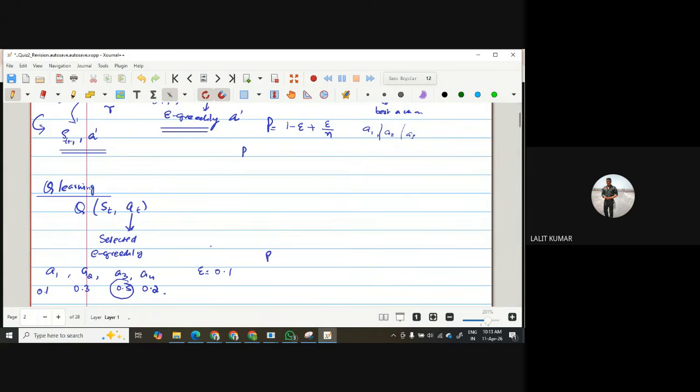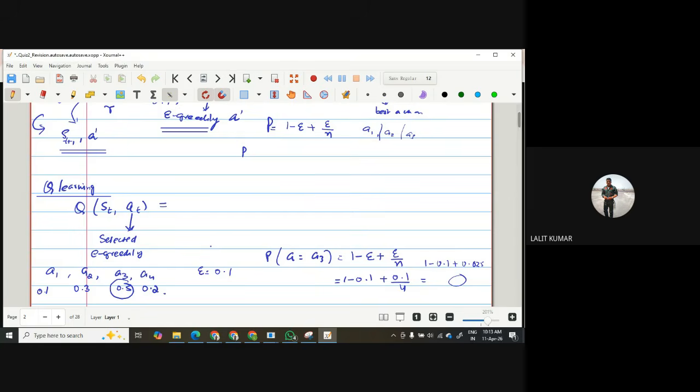So the probability of selecting A3 is 1 minus epsilon plus epsilon over n, which becomes 1 minus 0.1 plus 0.1 over 4, so 0.9 plus 0.025. So when I select this action, I am selecting epsilon-greedily.